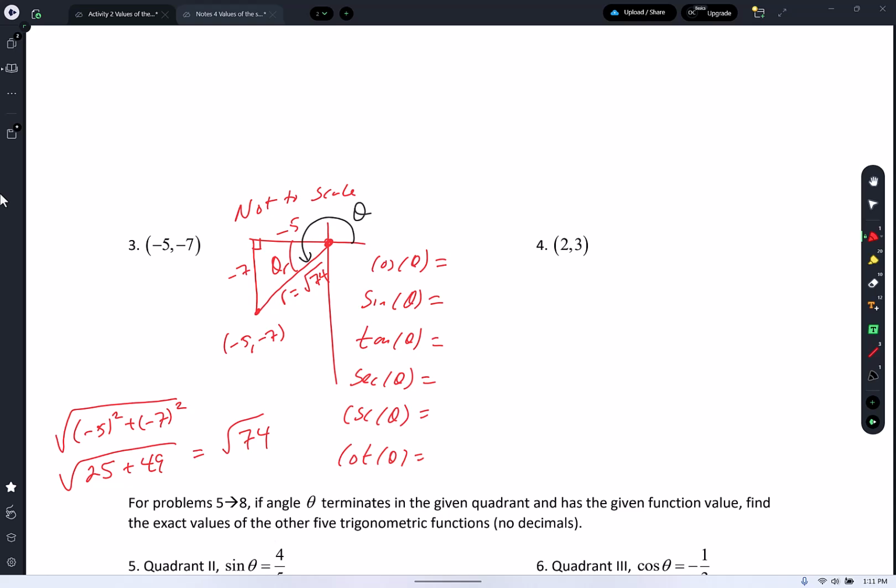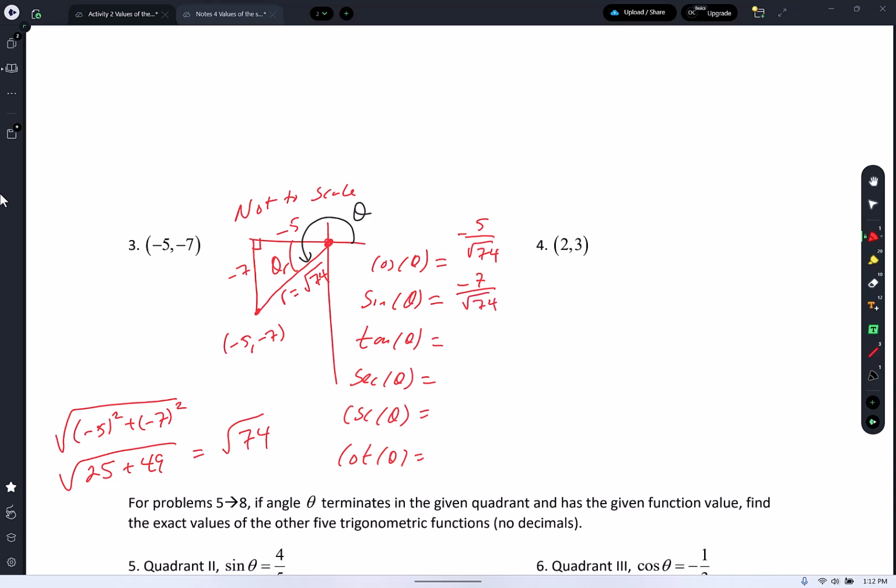All right, cosine. Adjacent over hypotenuse. What am I going to write? Yeah, perfect. Negative 5 over square root of 74. What do I write for sine? Perfect.